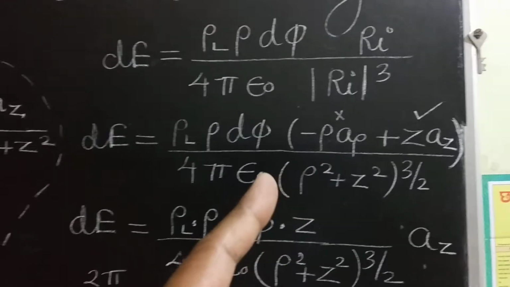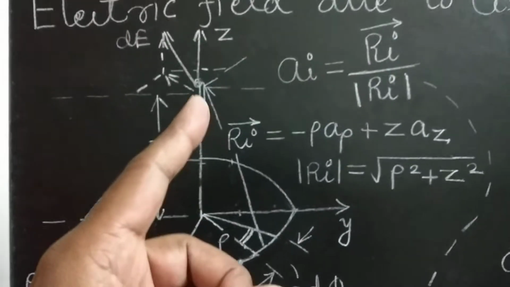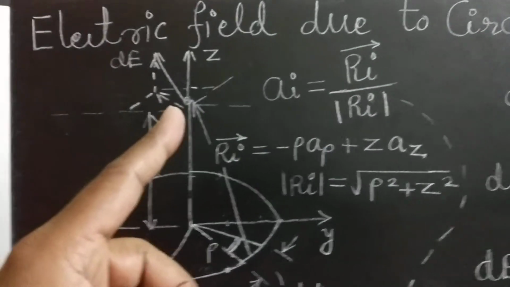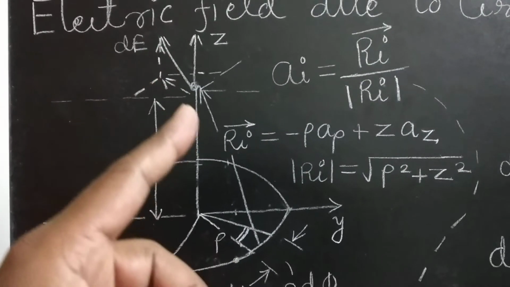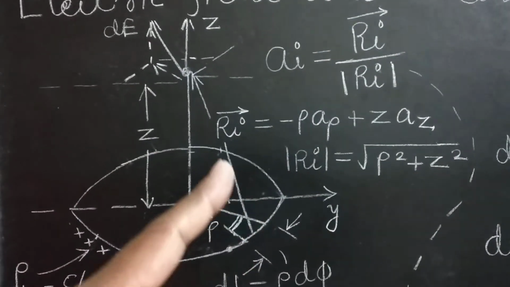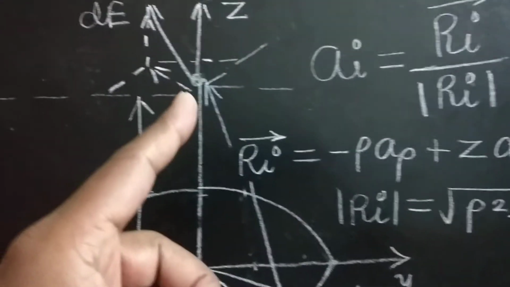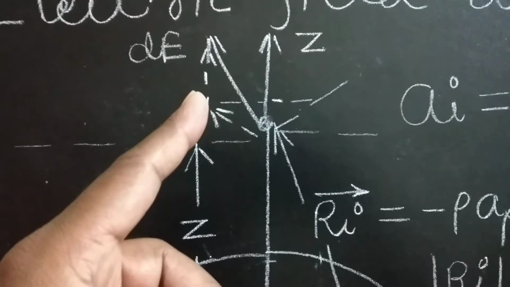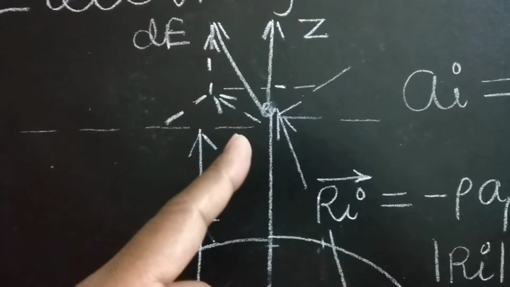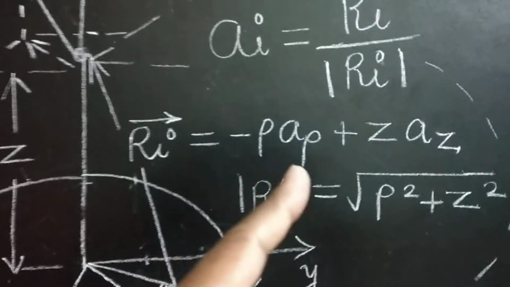At this point, we again have to understand which component will be cancelled. Which component of this dE will be cancelled? As is clear from the diagram, this dE has two components: one radial component and one component in the z direction, as is clear from this vector also.